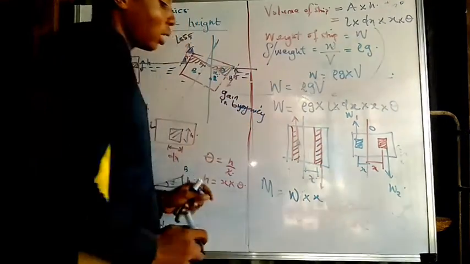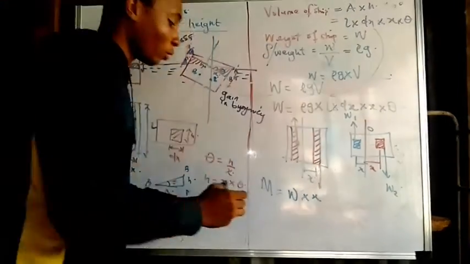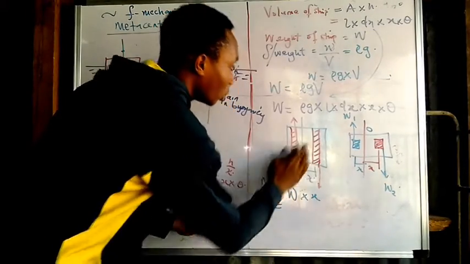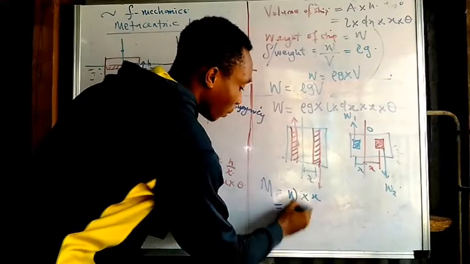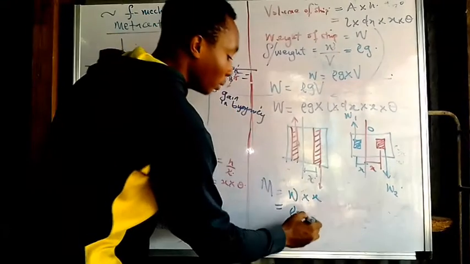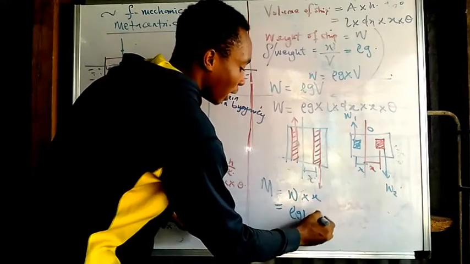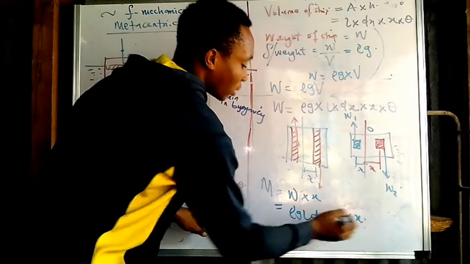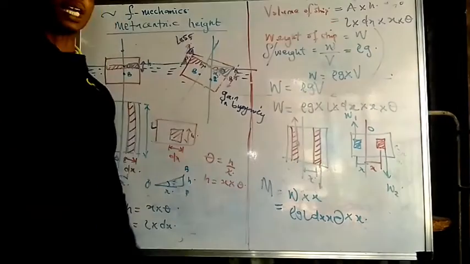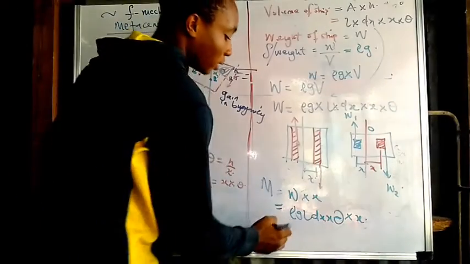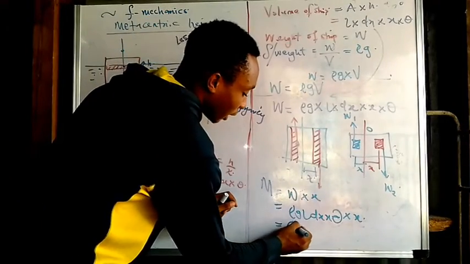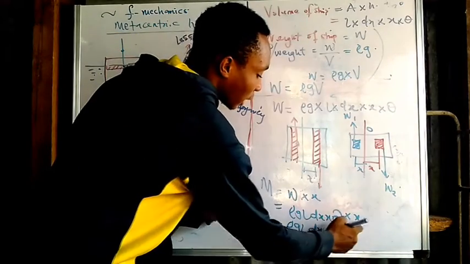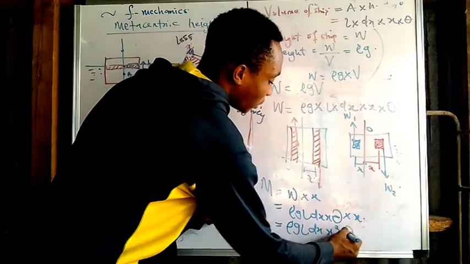Given the weight of the strip, we have mass density times acceleration due to gravity times L times dx times dθ, times x. So we have x times x here: mass density times acceleration due to gravity times L times dx times x squared dθ.